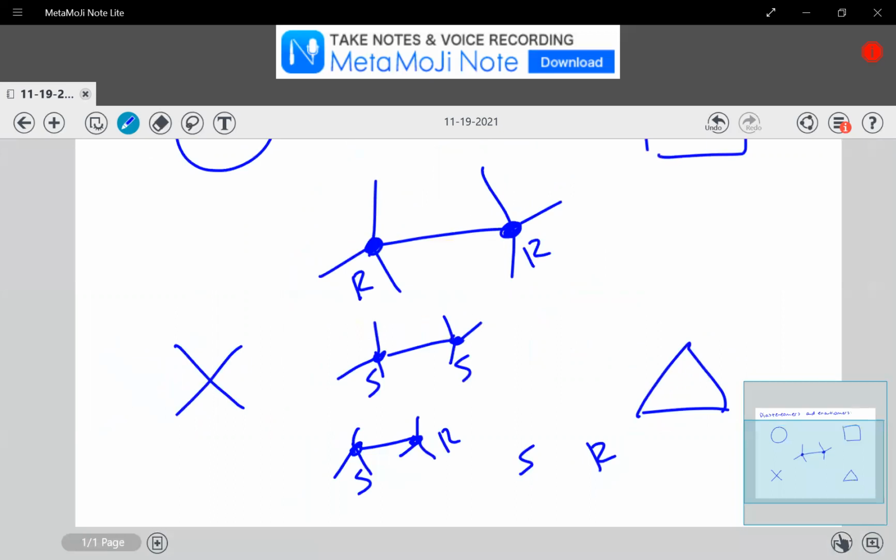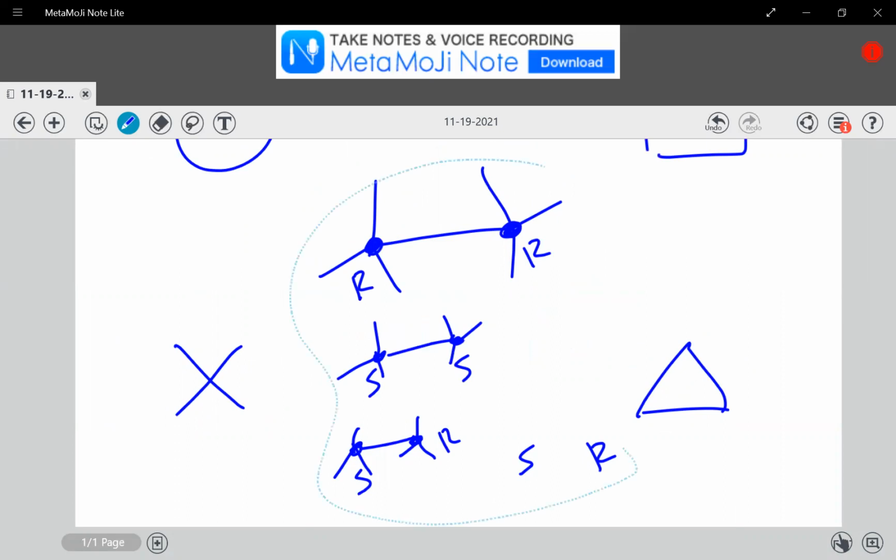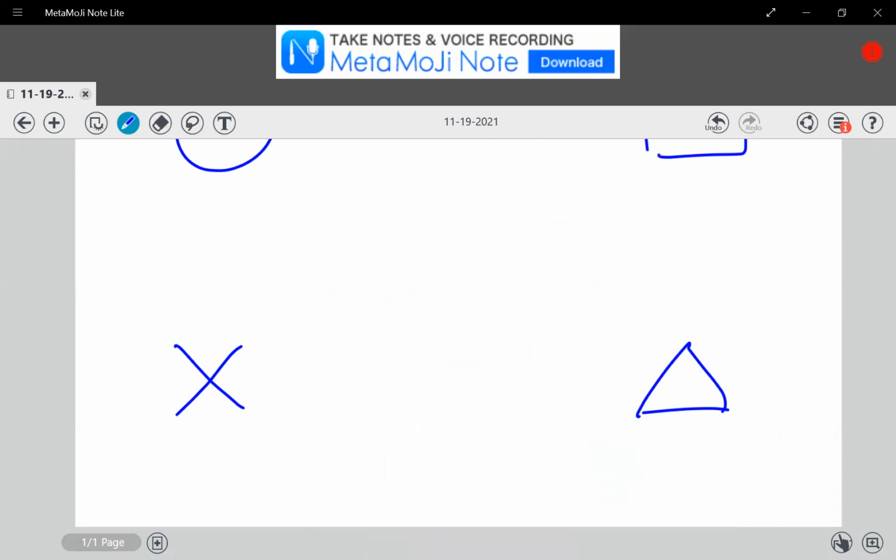That's what allows this relationship between diastereomers and enantiomers. So let me show you. Don't worry, we're gonna recap everything at the end. It'll make sense, I promise.